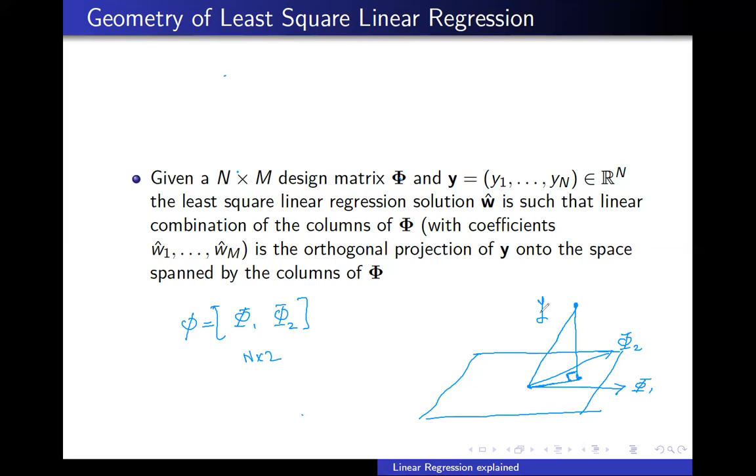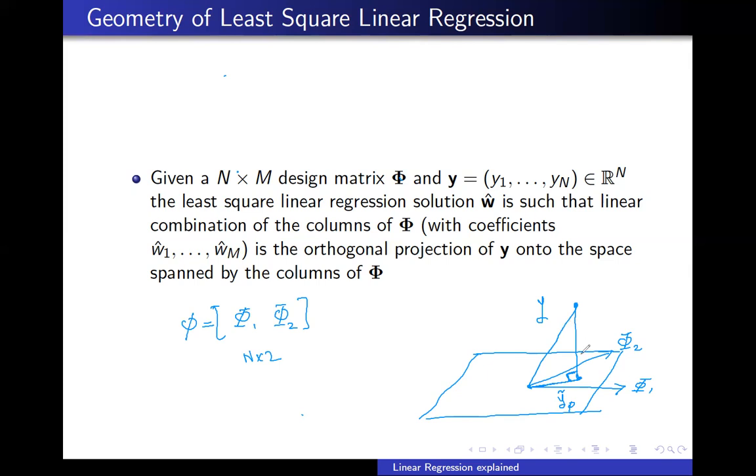That is the closest vector to y that lies in this space, so let's call it phi tilde.